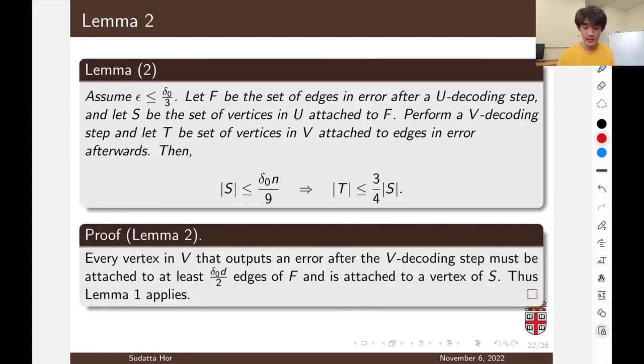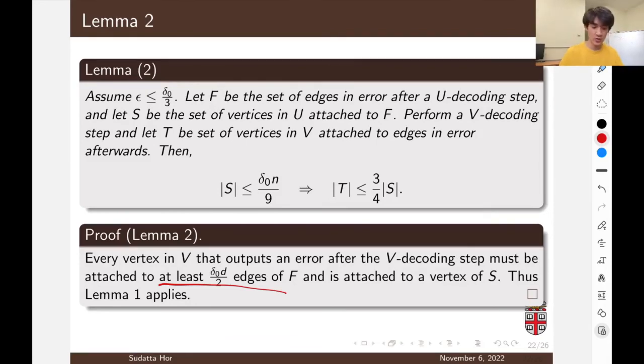So next we apply a V decoding step and let T be the set of vertices in V attached to edges in error afterwards. Then we can get the following result, because all we have to notice is that T, the set of vertices after a V decoding step, must be attached to at least this many edges in F.